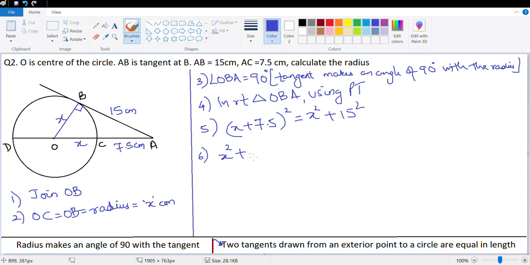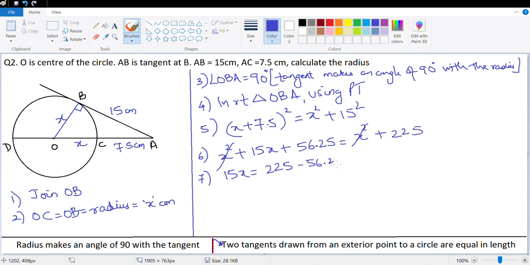This is x square plus 2 into 7.5, that's 15x, plus 7.5 whole square, that's 56.25. This is equal to x square plus 15 square, that's 225. x square and x square get cancelled. So what I have is 15x is equal to 225 minus 56.25.